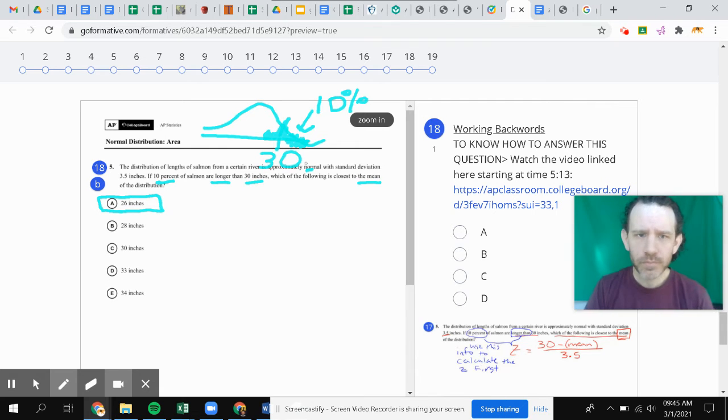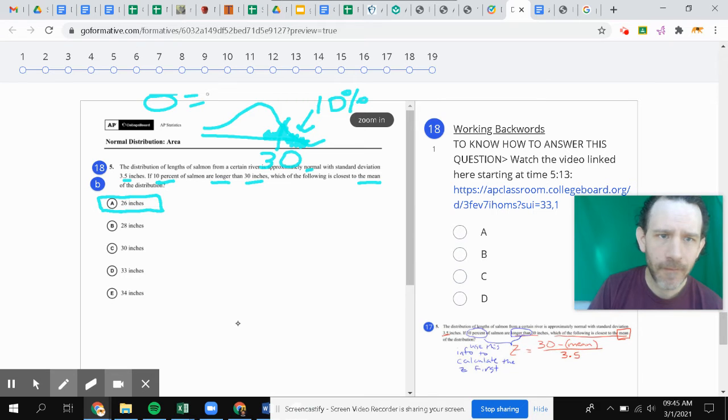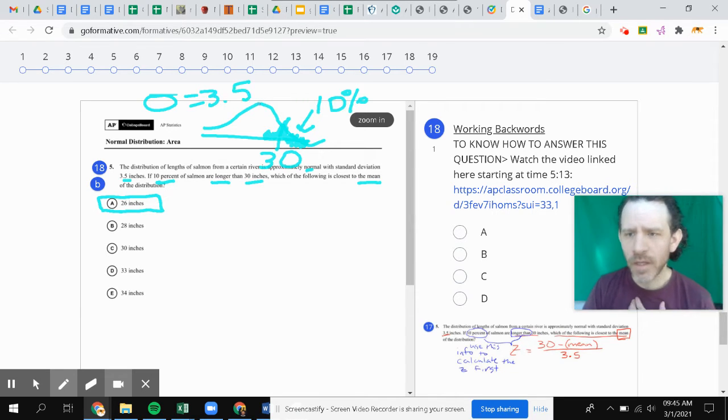Okay, so that's what we know. We also know that our standard deviation is 3.5. They gave us that. To do this, you have to work backwards. So we don't know the z-score. We do know the percentage.